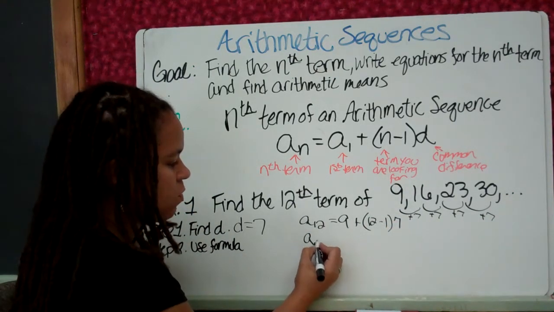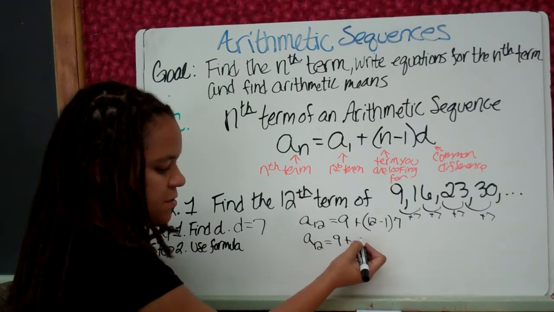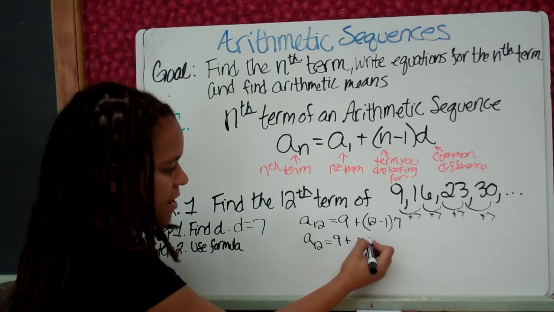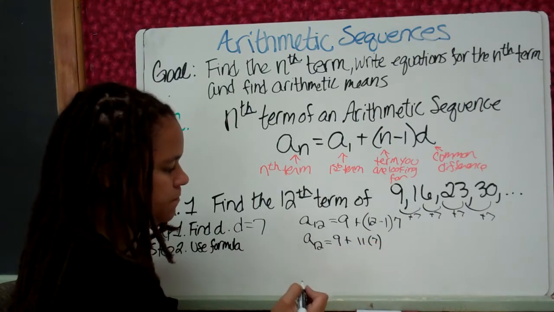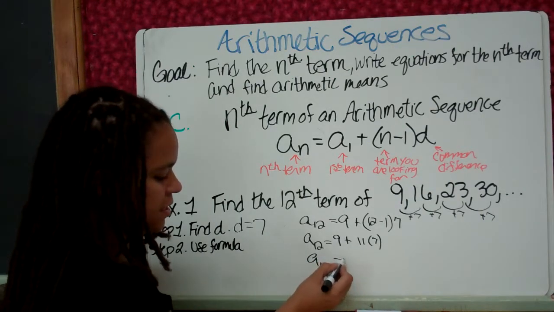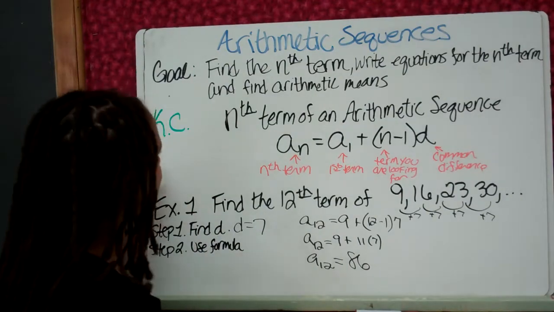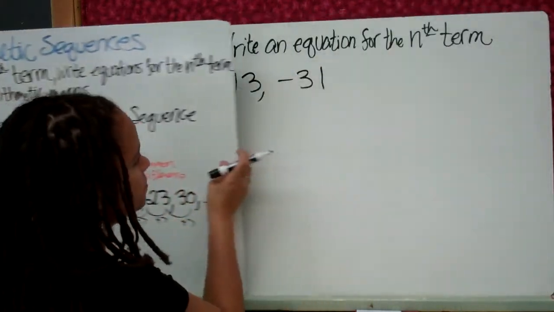So a sub 12 is equal to 9 plus 11 times 7, right? So a sub 12 is equal to 86. Simple as that.